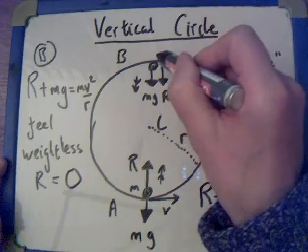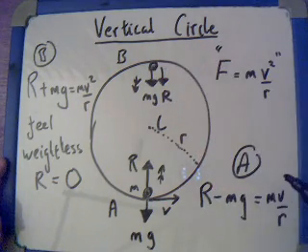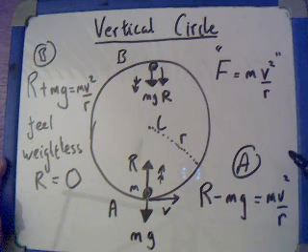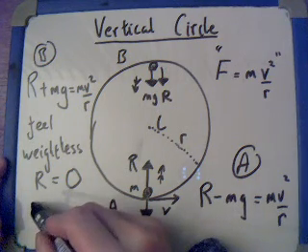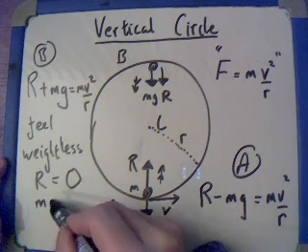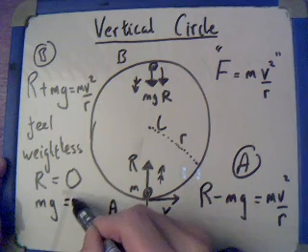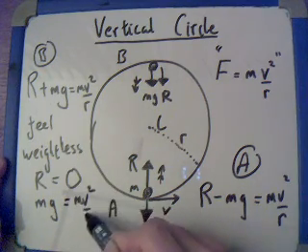This is the situation at B here. So when the reaction force pushing down is 0, the person will feel weightless. That would give us mg equals mv squared over r.